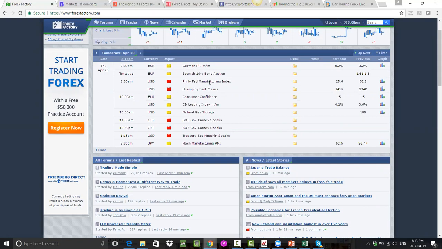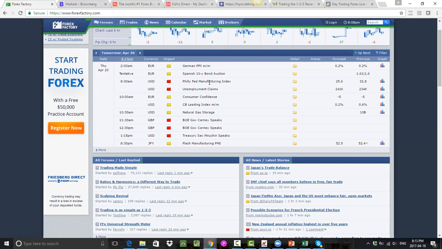All this week, starting last Friday, we've been getting negative data for the US. So if these numbers come out negative, it will push the US dollar down further. So we will have to pay attention to this. One of the reasons the negative data has so much more impact on the US dollar right now is because of the interest rate hikes that the Fed has been talking about.